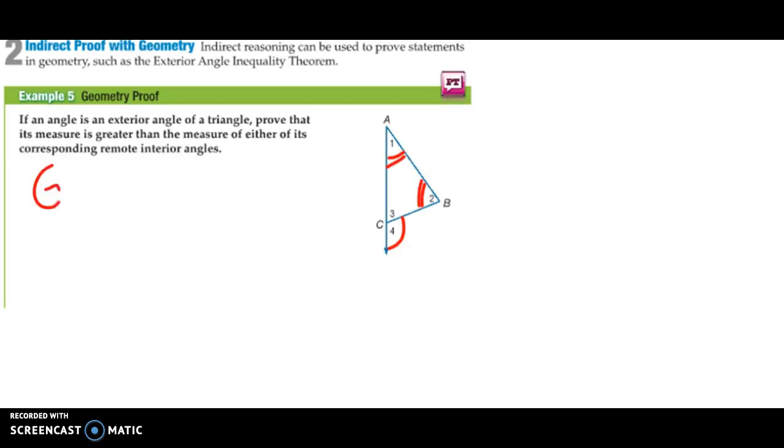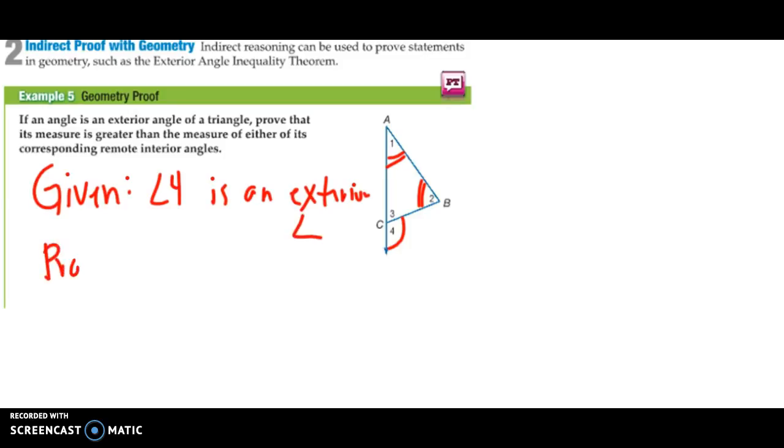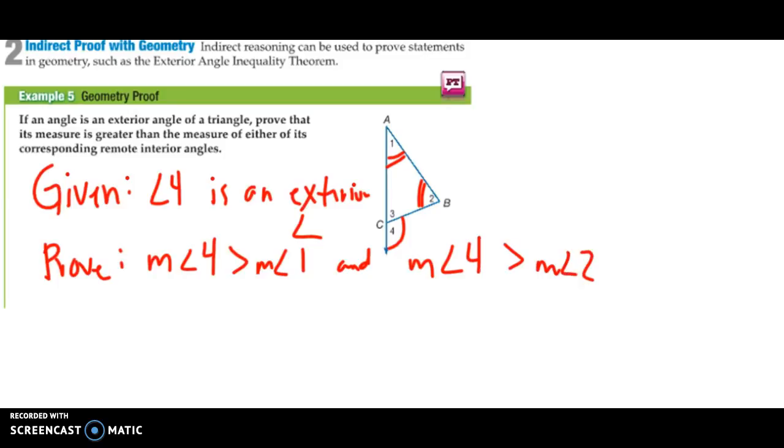So, given angle 4 is an exterior angle, prove the measure of angle 4 is greater than the measure of angle 1 and the measure of angle 4 is greater than the measure of angle 2.